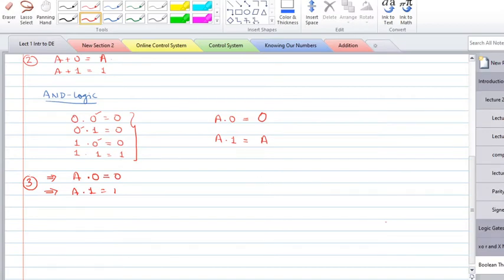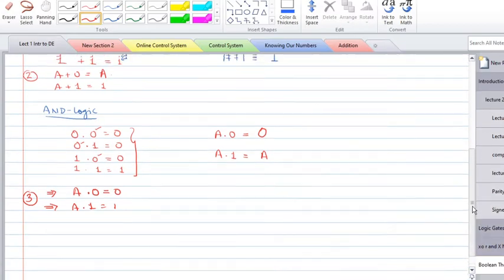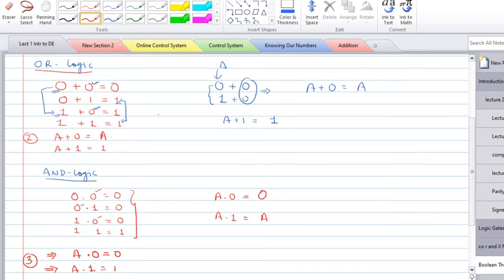Now two more theorems result in this case. Here from OR gate, if we OR a with its inverted value, then it always results in a 1. Okay, so the third theorem for OR logic is a plus a bar is equals to 1.